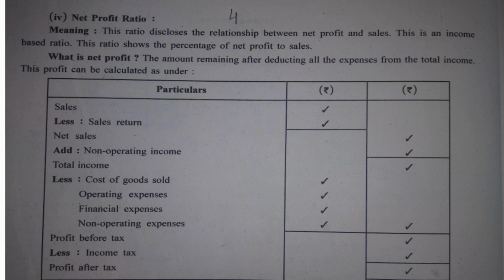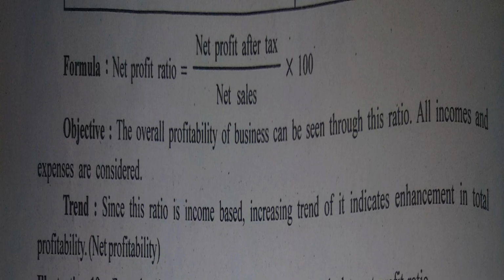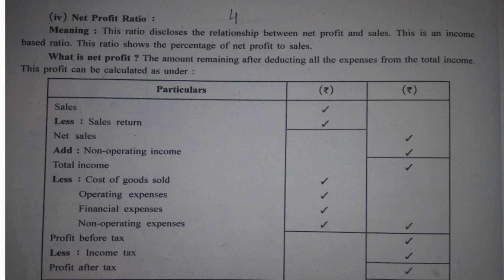Finally, you will obtain profit after tax, the one which is required for calculating net profit ratio. You can see in the formula it is net profit after tax. The last word here, profit after tax. Which profit? Net profit. So for obtaining net profit after tax, you need to memorize this format, which is sales minus sales return.